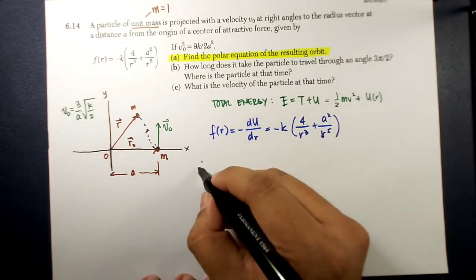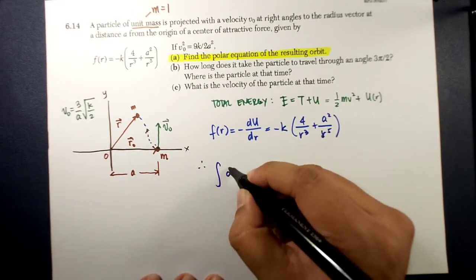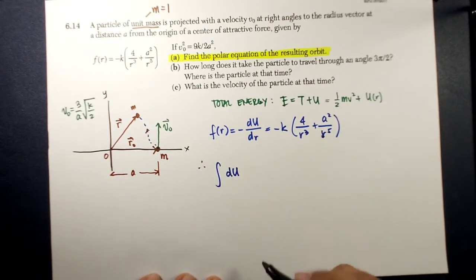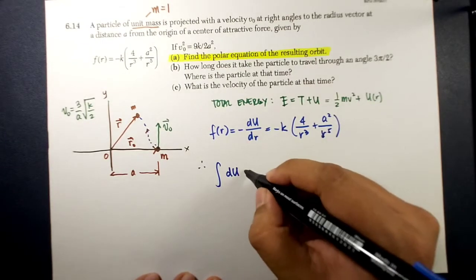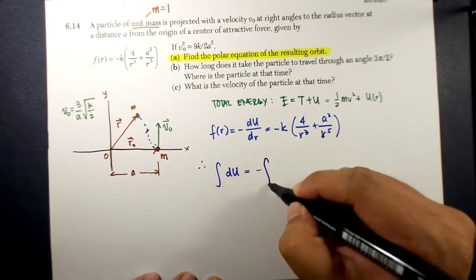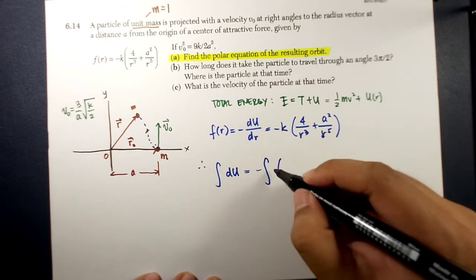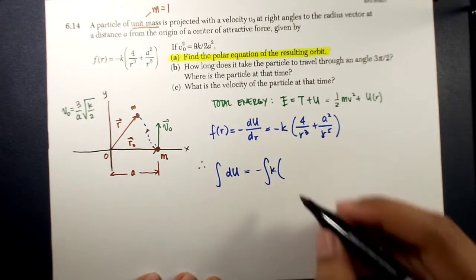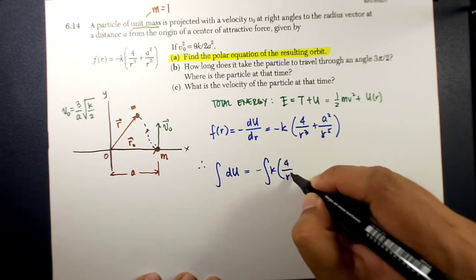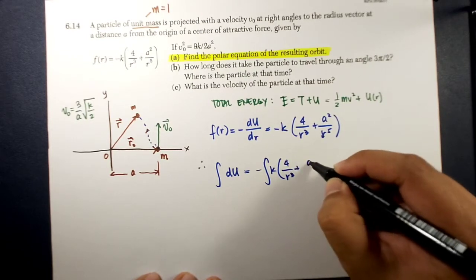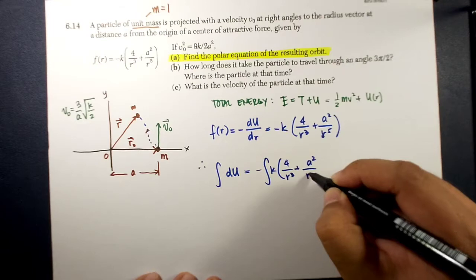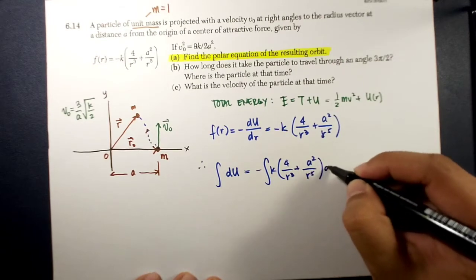Therefore, we can integrate: dU equals negative integral of the force function, so this is k, 4 over r cubed plus a squared over r to the 5th, dr.